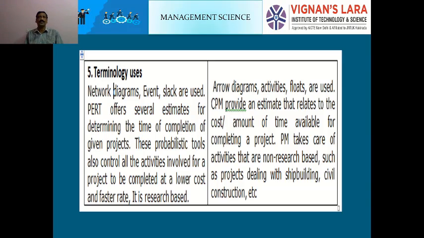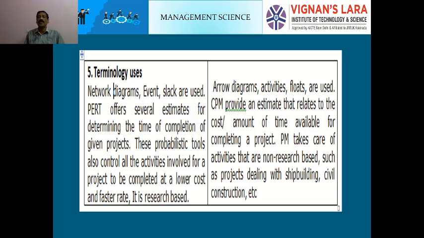In such a situation, there is a variance between estimated time and actual time. Here, there is possible float and non-possible float. That means negative float as well as positive float.